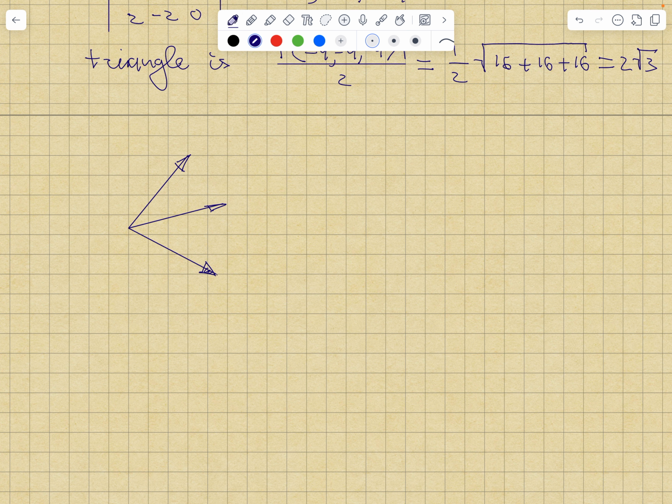So something like that, something like this. Then actually we can do it this way.